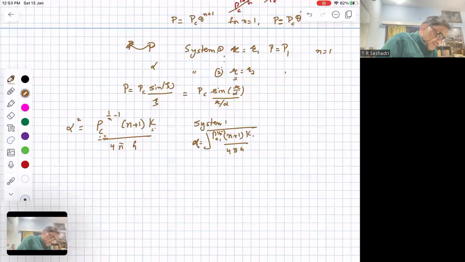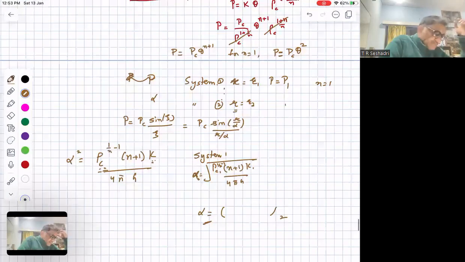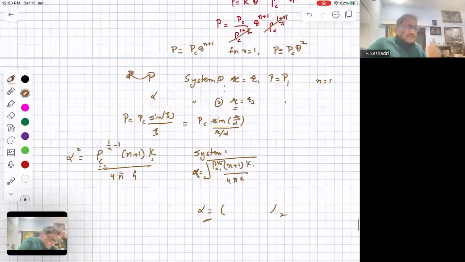The second system has alpha the same thing for 2. So these are the two different scaling ratios required to convert xi to R. Once I know one of them, I can calculate the other.